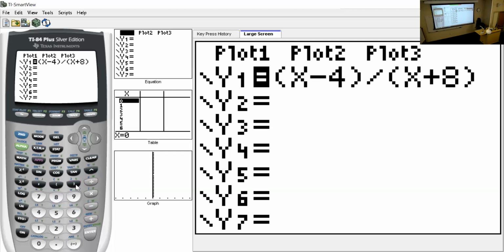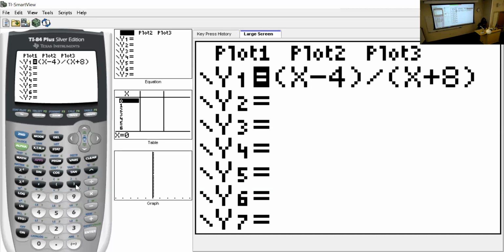Even before we start, do we believe that there is an asymptote? If so, is it horizontal? Is it vertical?